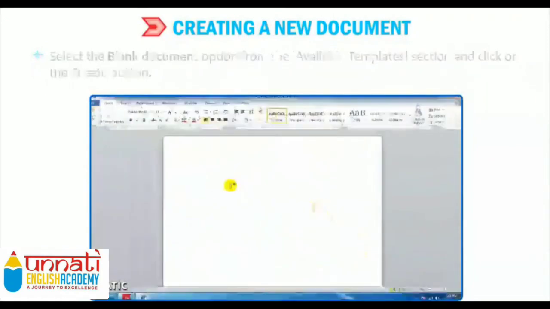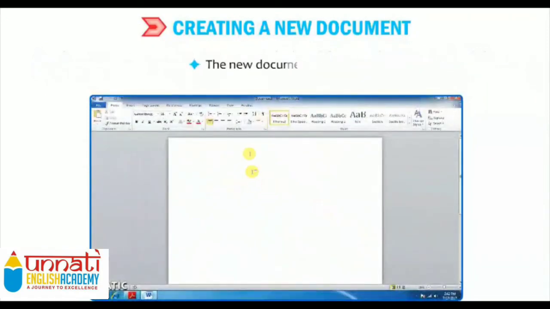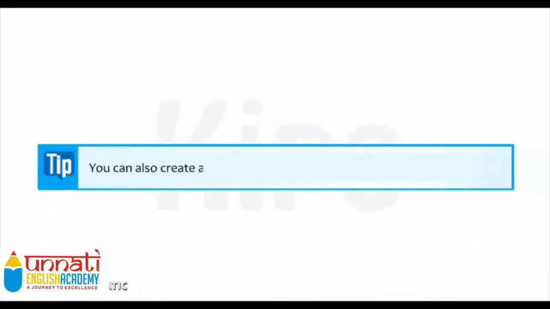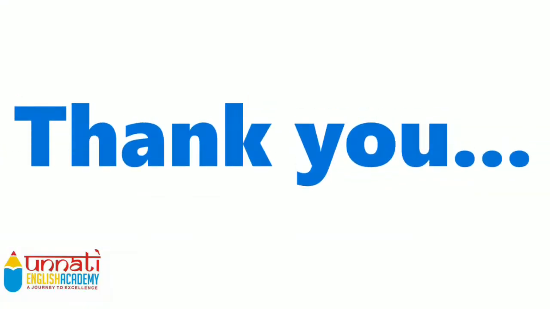The new document appears. Now there is a tip over here. There is a shortcut key to create a new document, that is Ctrl+N. So you can create a new document using the shortcut key Ctrl+N. So here our part 1 ends.